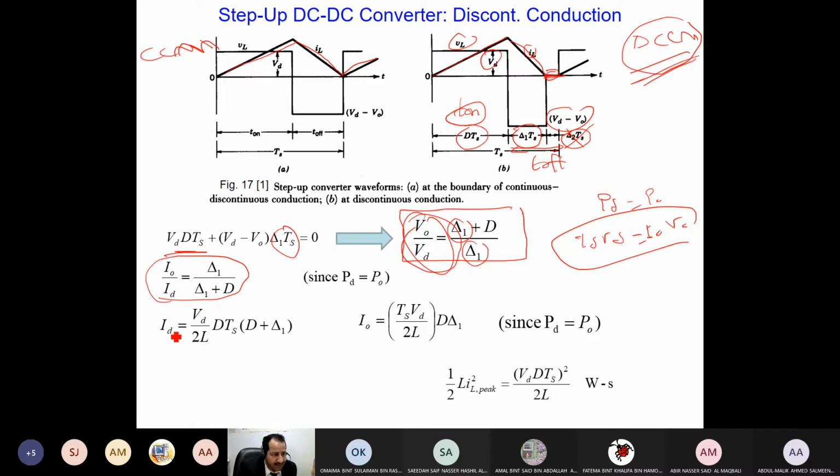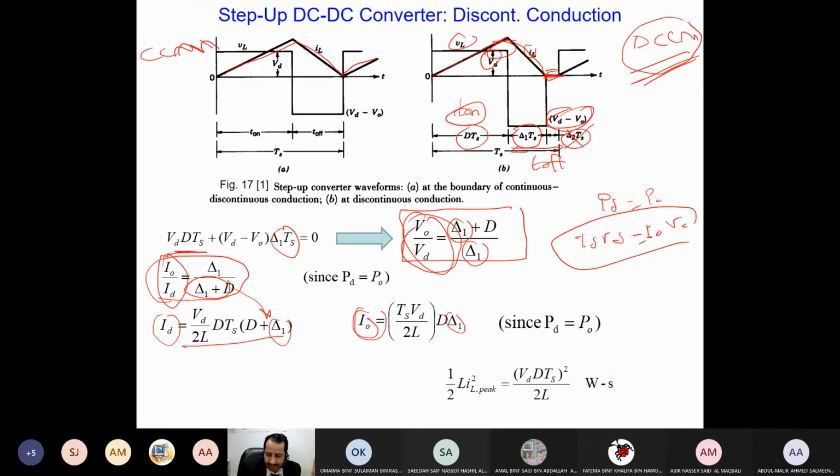Now I can find ID from this formula by substituting here. You see delta 1 appeared again. And for IO, because the relationship is clear, I can use this formula, substitute this part here, and simplify. I got IO in terms of delta 1.